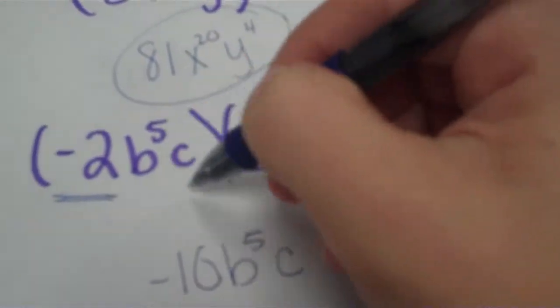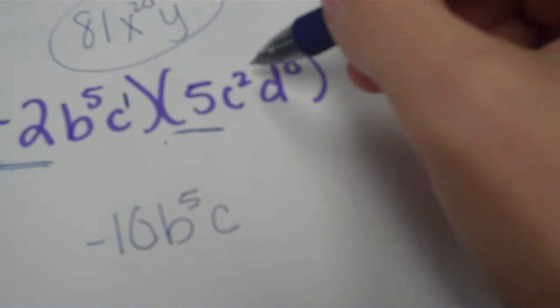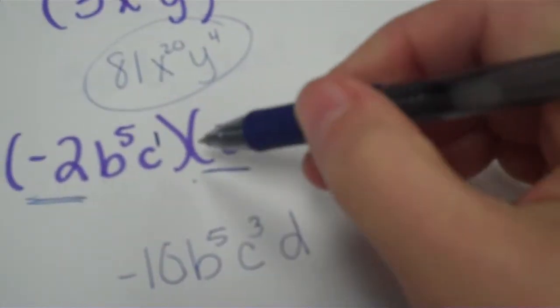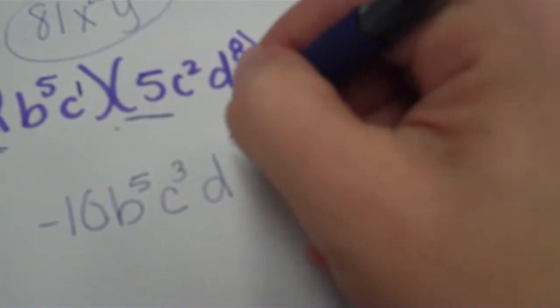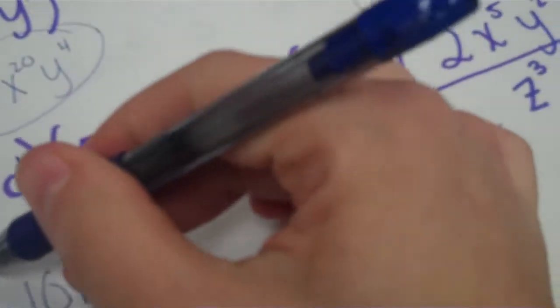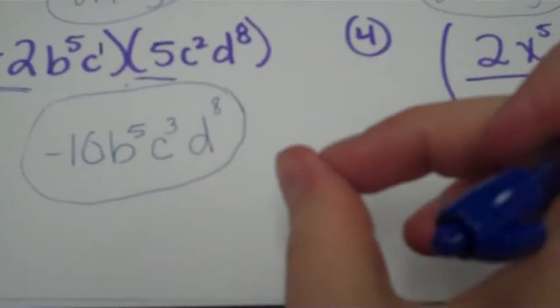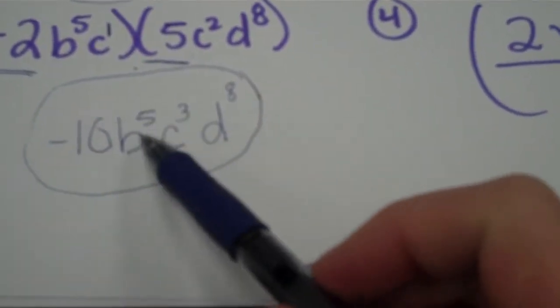C. There is 1 c here and 2 here, so 1 plus 2 is 3. And then d. There's no d's here, but there are 8 here, so nothing plus 8 is 8. Whoop. There you go. So I just multiplied my big numbers and added up my exponents. And just FYI, we tend to write these things in alphabetical order. So like B, C, D.